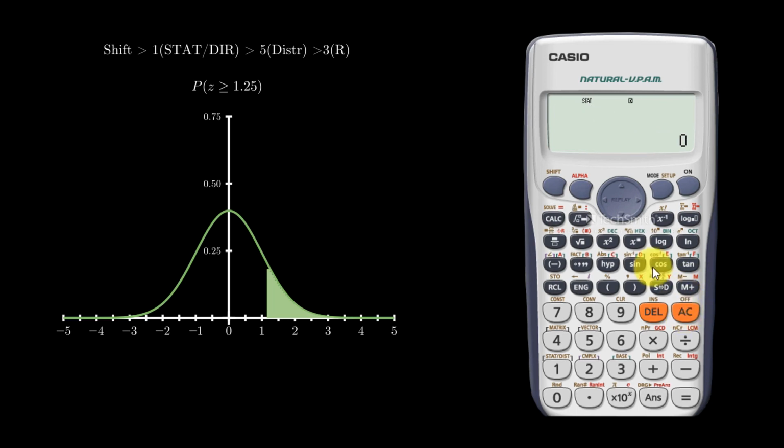And that's it. It's very easy to use the calculator to find the area compared to the z table. To wrap up the discussion, we're going to list what we've learned so far. We've learned that the area under the normal curve represents the probability in a continuous random variable probability distribution. Now the z table lists the areas under the normal curve, which we're going to use as a tool to find those.